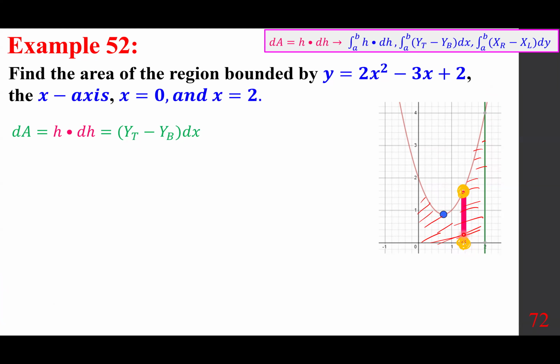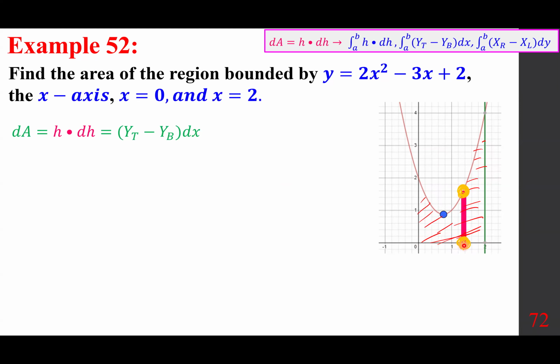The reason it is dx: look at this thickness. This rectangle has to sweep across the x-axis to cover this region. Move it here, here, here, here. As it moves along the x-axis, it creates the width dx.